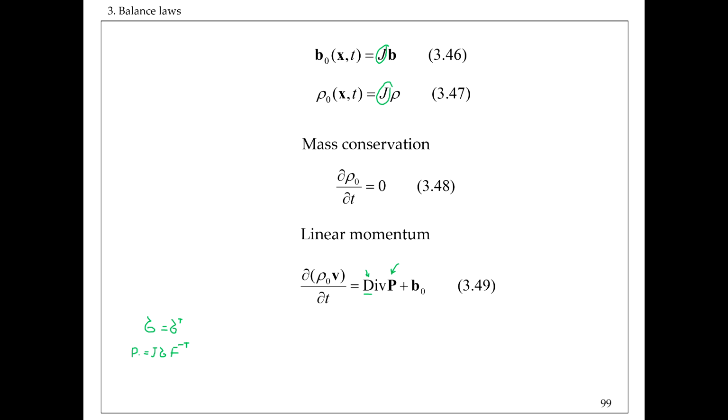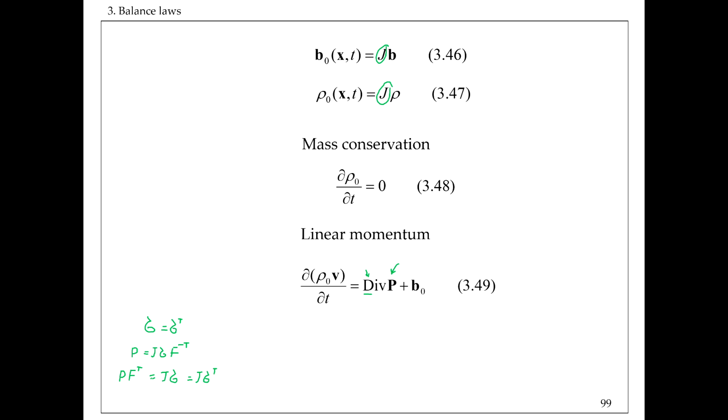So we could now say, okay, if we multiply this with F transpose from the right, then we'll have P F transpose equal to J sigma. But we also know that sigma is symmetric, so we can transpose the right hand side, so that it is equal to J sigma transpose.